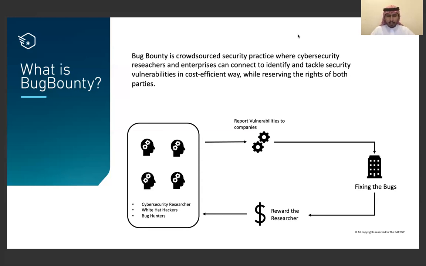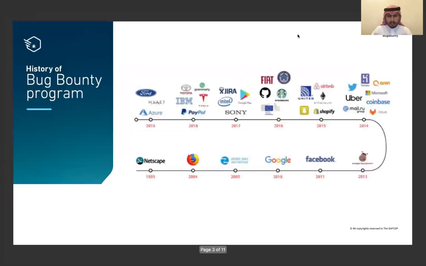So when did it all start? Well, bug bounty started when the internet started. In 1995, Netscape started the first bug bounty program ever. And then with the evolution of open source communities, in 2004, Mozilla started their own bug bounty program.